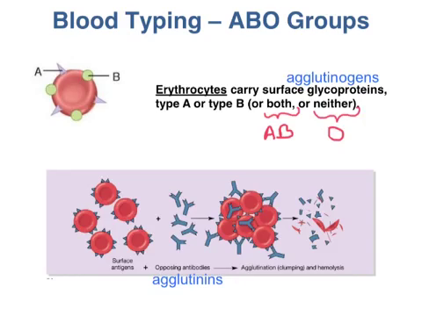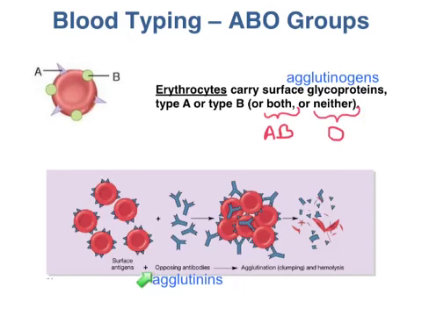All right? Now, for unknown reasons, you have preformed antibodies. So if you are type A, you have antibodies against type B agglutinogens. If your blood type is type B, you have preformed antibodies against type A agglutinogens.